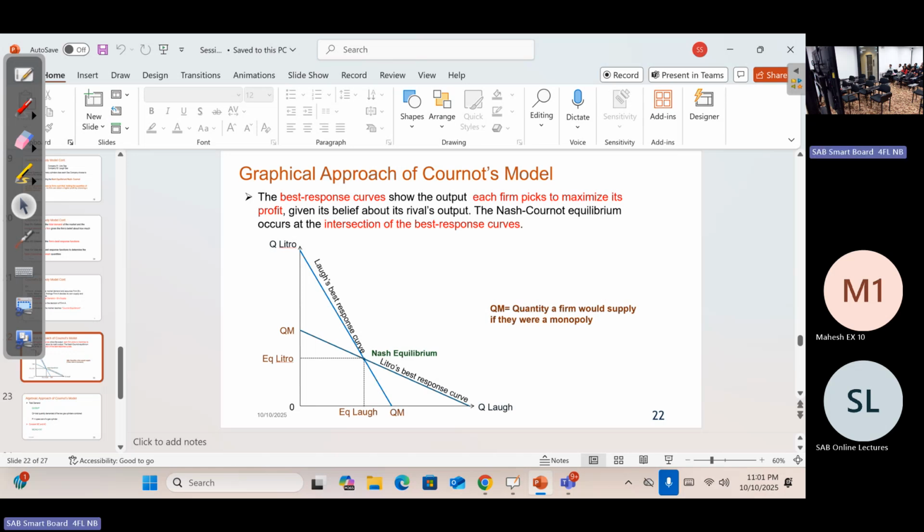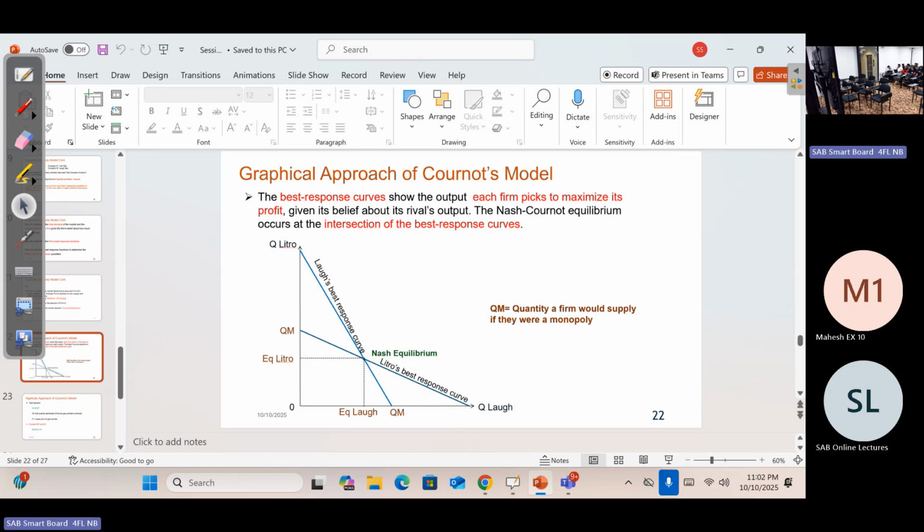How about the monopoly in the short run? What type of profit or loss? Could be both. This is their demand curve, this is their marginal revenue, and this is their marginal cost.